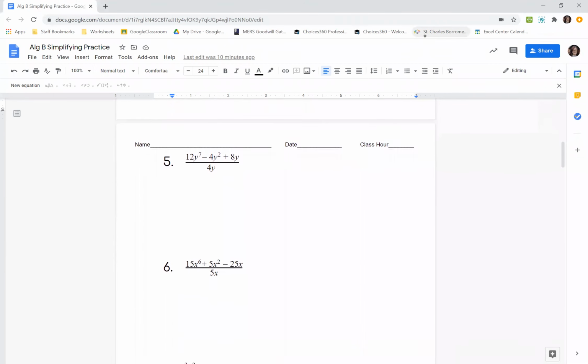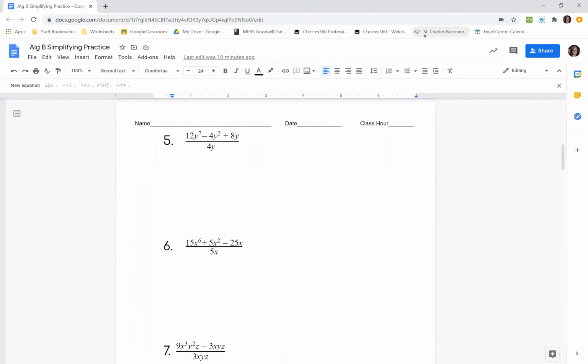All right, I'm going to work out number 5. Now, number 5 is a rational expression. It involves variables on the top and bottom of a fraction. So the first thing I want to do is, since division is very similar to multiplication, break the numerator apart so that the denominator divides each piece.